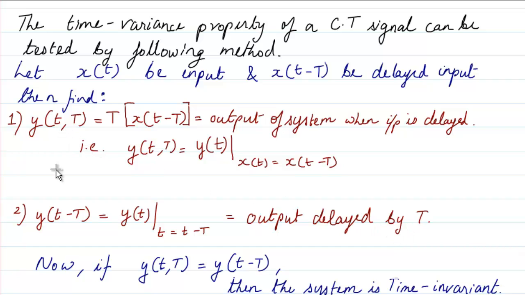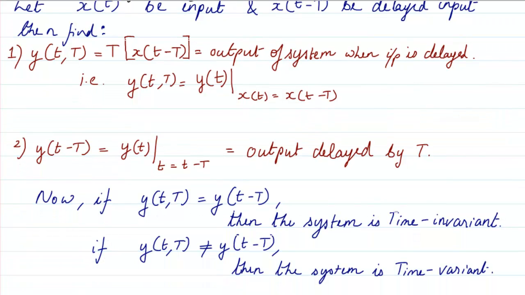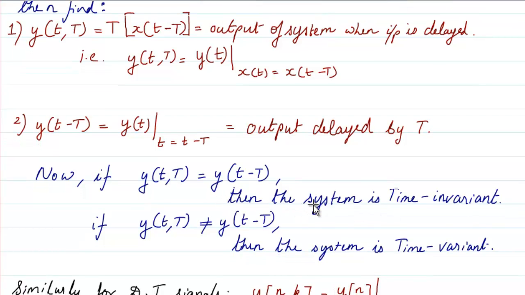What we can say from these two values is that if both of these are equal, as shown here, then the system is time invariant, and if both of them are not equal, then the system is time variant. So mathematically this is how we will solve this question, wherein you are asked to find out if the system is time variant or invariant.